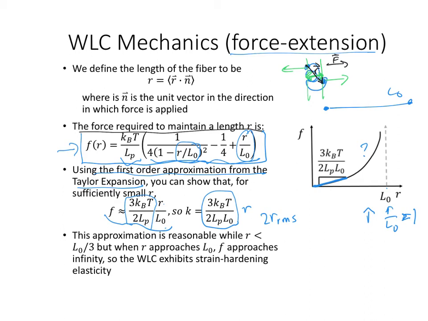We say this approximation is reasonable while r is less than 1/3 of L naught, that is through about this range here. That's a reasonable approximation. After that, it deviates from it.